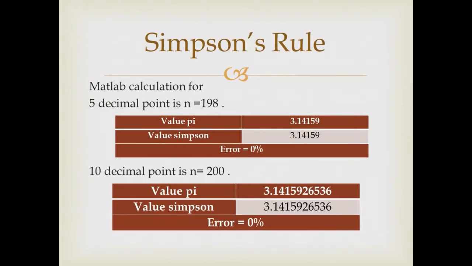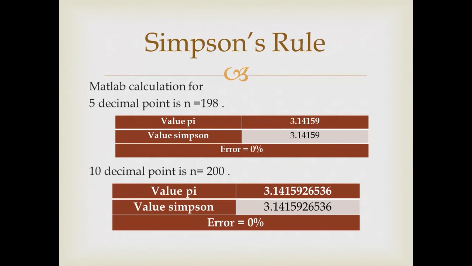MATLAB calculation for 5 decimal points is n equal to 198. The value is 3.14159. The error is 0%. Then the 10 decimal points is n equal to 200. The value is 3.14159265536.